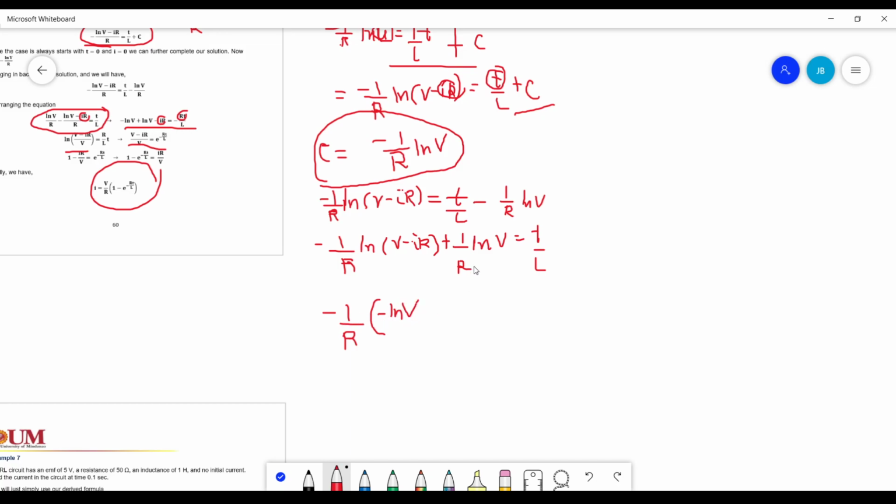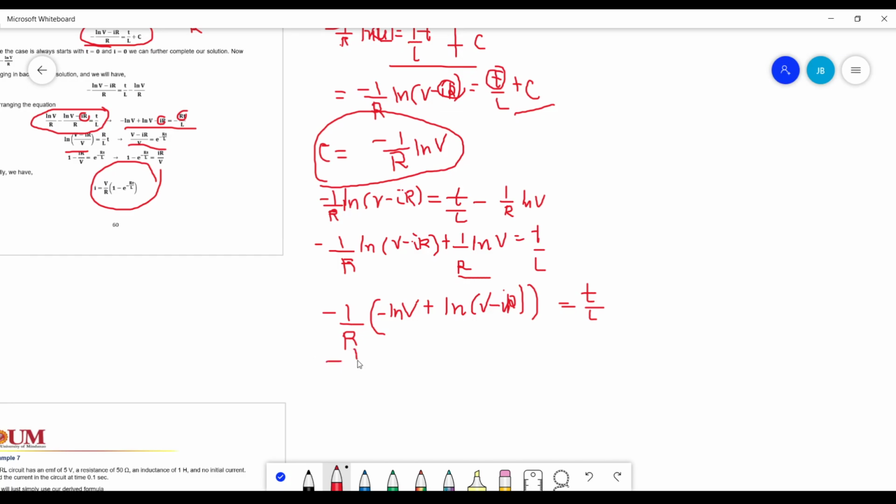Okay, kani siya times kani is positive, diba? Positive 1 over r ln of v. Okay, and this one will be plus ln of v minus ir. Okay, is equal to t over l.